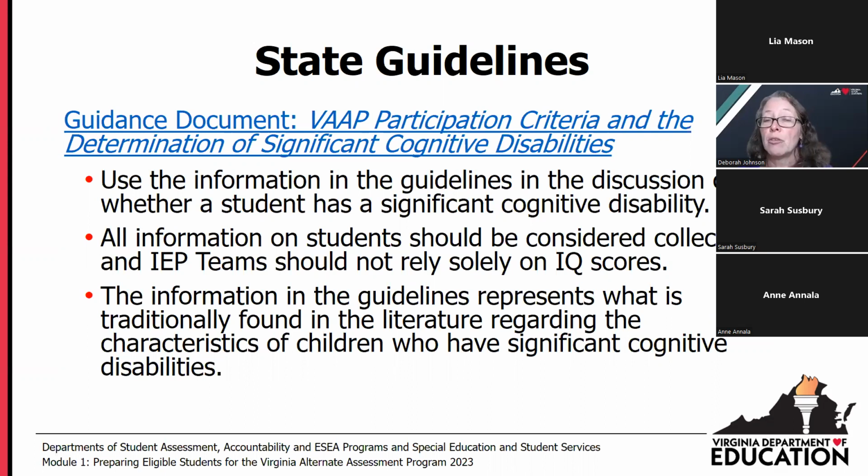All information on students should be considered collectively, and the IEP team should not rely solely on IQ scores. The information in the guidelines pretty much represents what is traditionally found in the literature regarding the characteristics of children with significant cognitive disabilities.